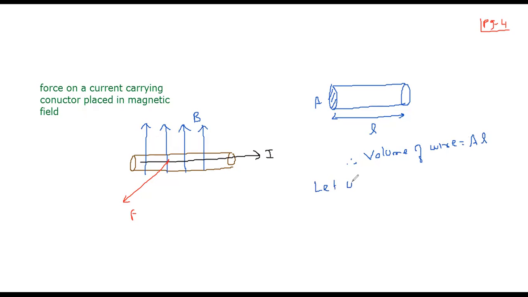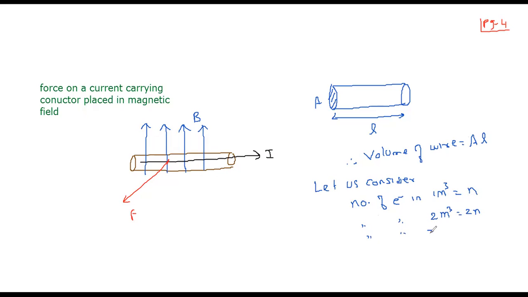Let us consider number of electrons in 1 meter cube is equal to N. So 1 meter cube is N electrons. What is number of electrons in 2 meter cube? 2N.